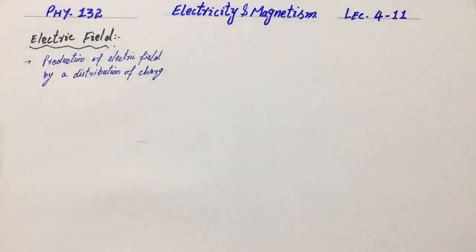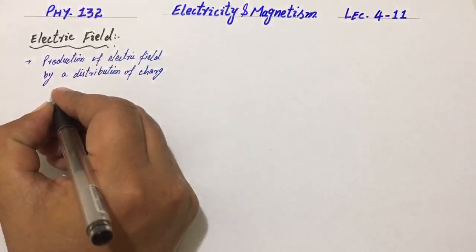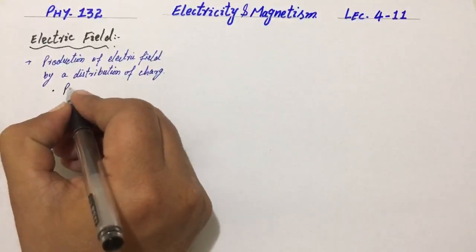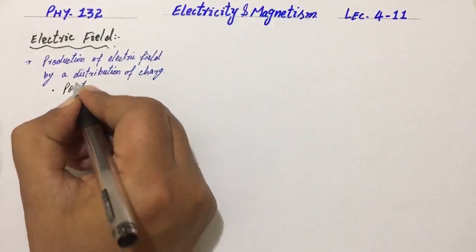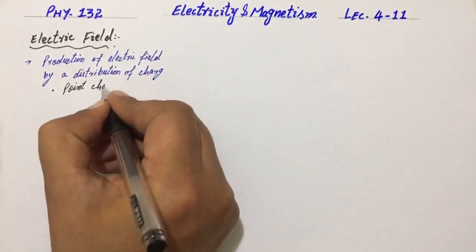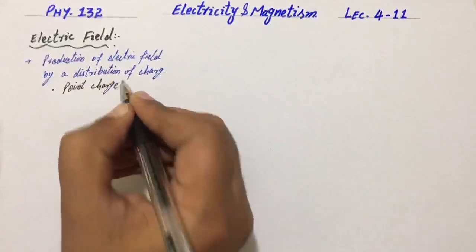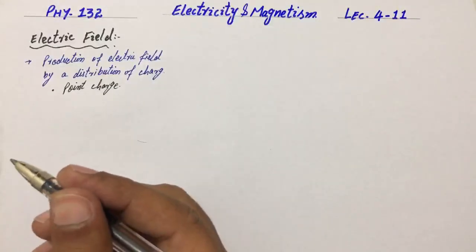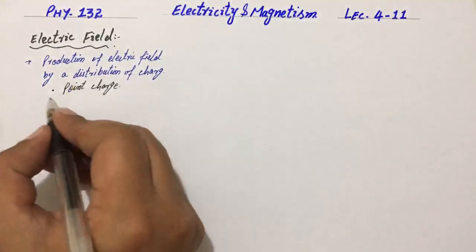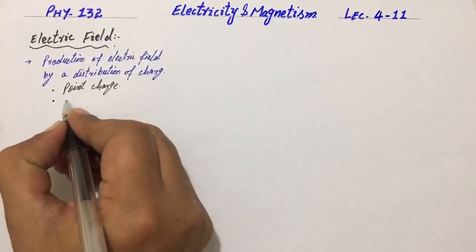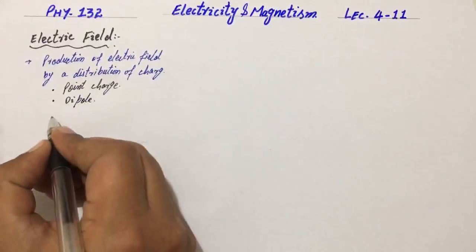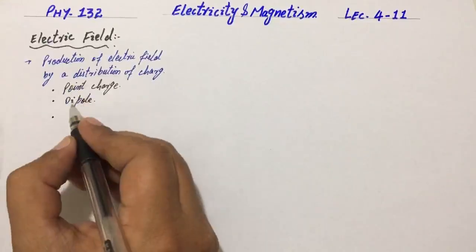In that category, we discussed the field due to a point charge. We also discussed the field due to a dipole. We also discussed the field due to a line of charge.